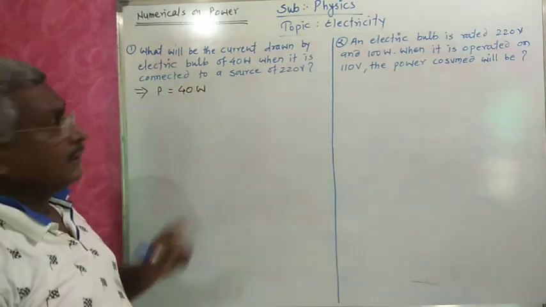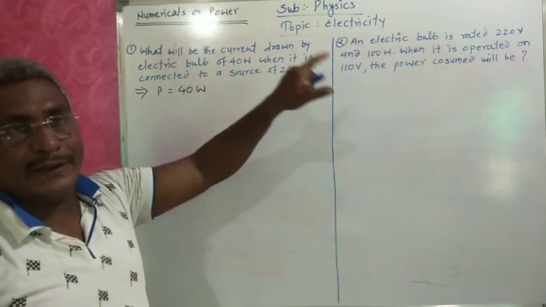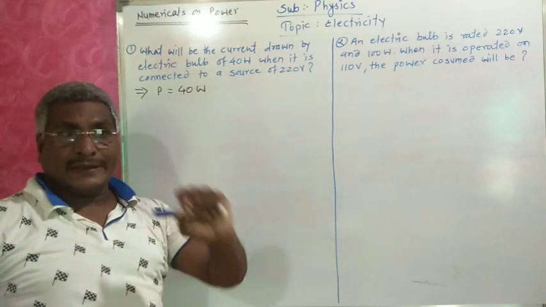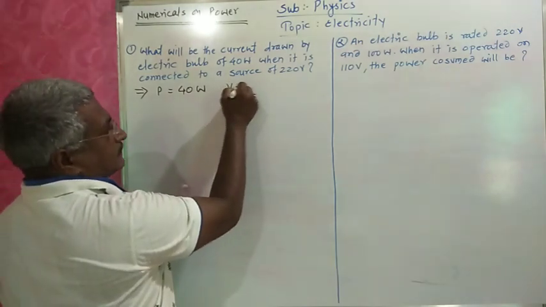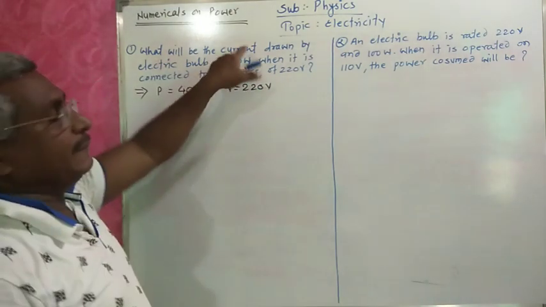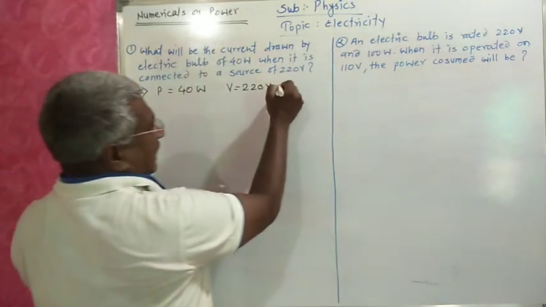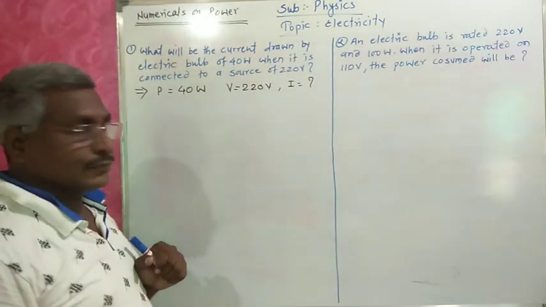When it is connected to a source of 220 volt. 220 volt is given, which means it is the potential difference. And what do they ask? What will be the current? Current they ask, so we have to find the current I.